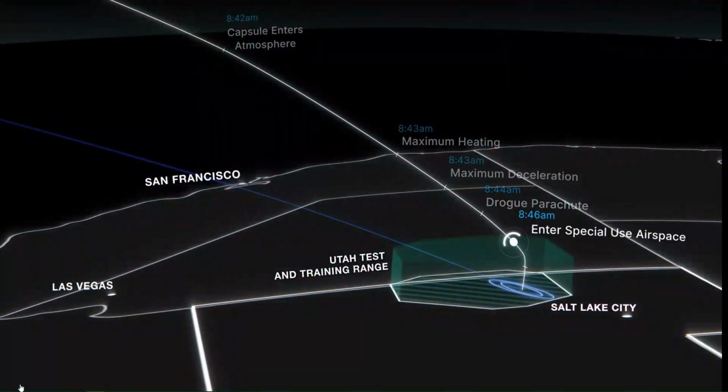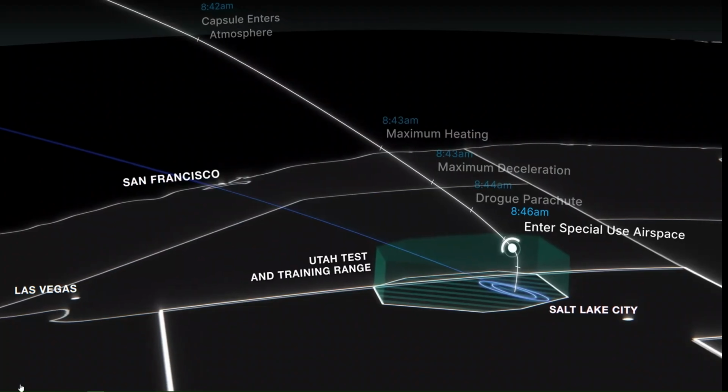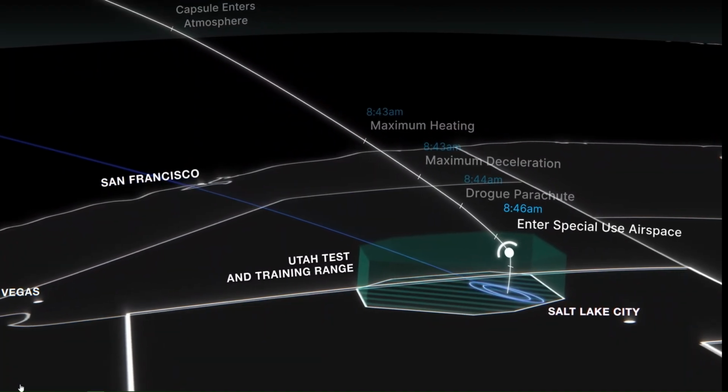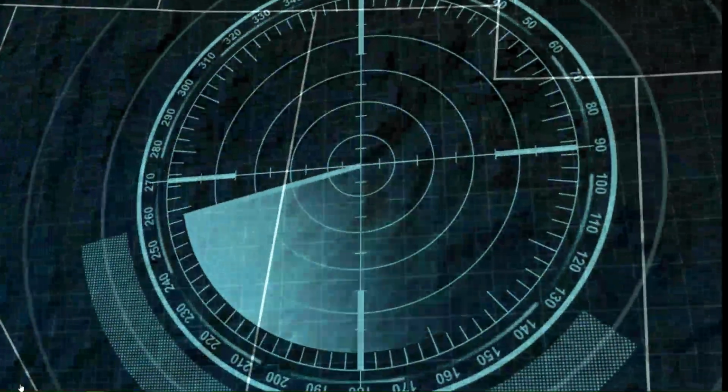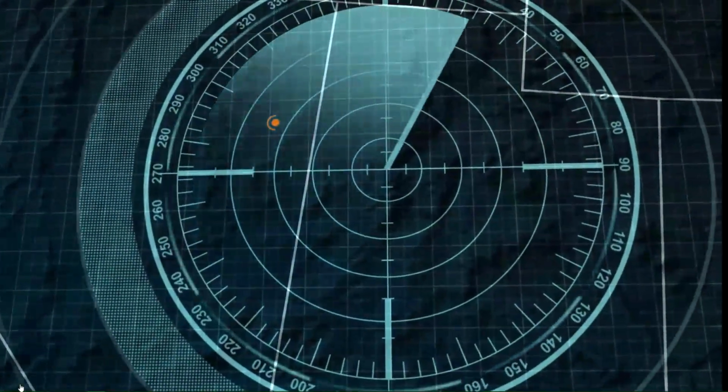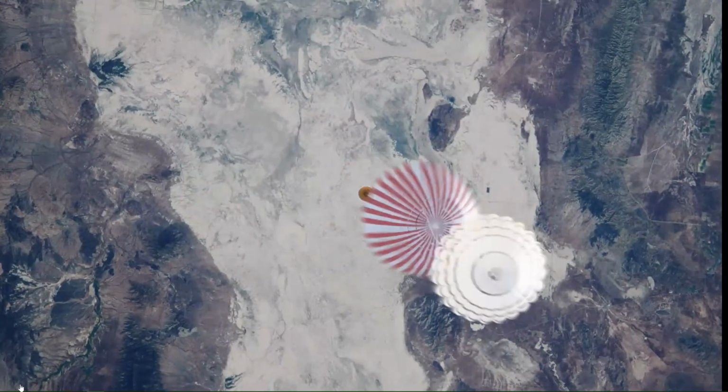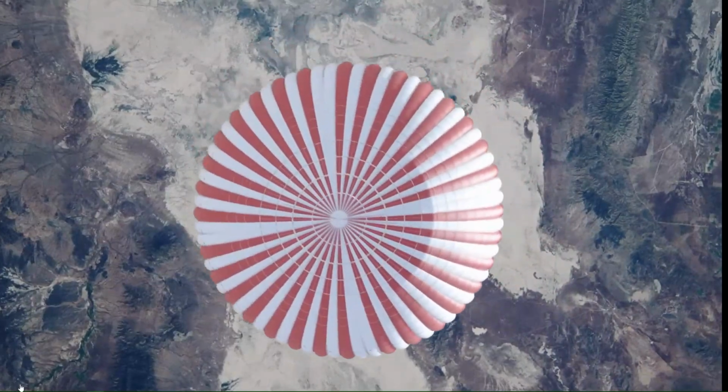The capsule will enter special use airspace at 8:46 a.m., almost 10 miles above the Department of Defense Utah Test and Training Range. Radar stations will lock on and track it to within 30 feet of its landing site. At 8:50 a.m., the capsule will extract and deploy its main parachute 1 mile above the ground.